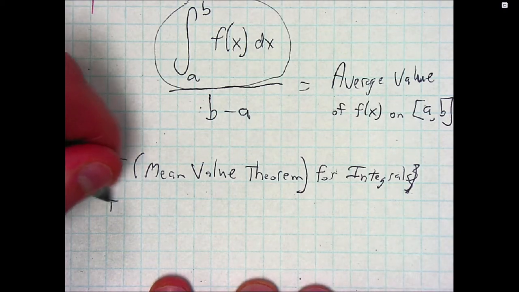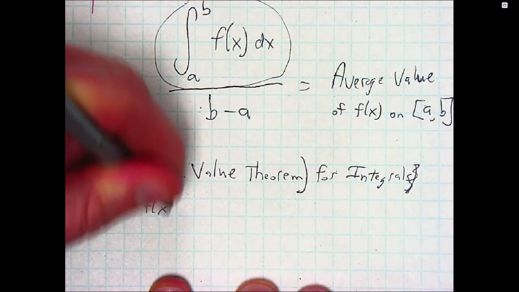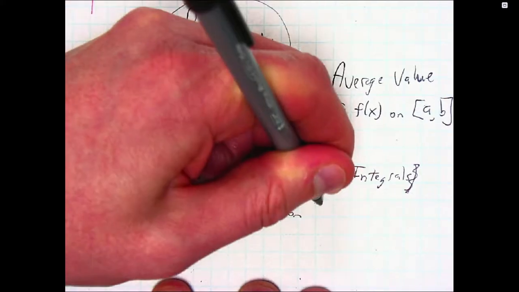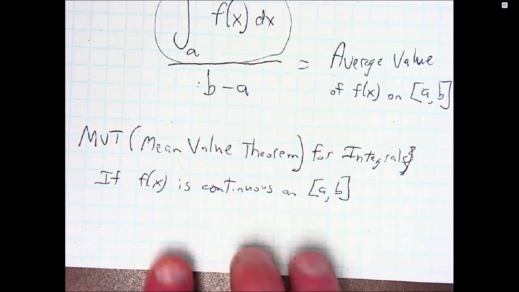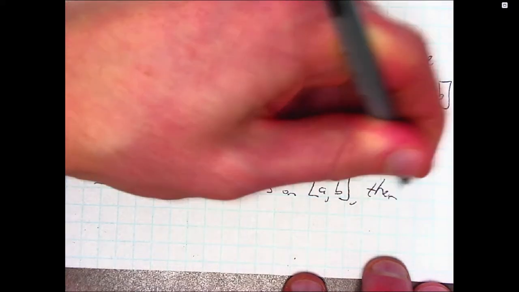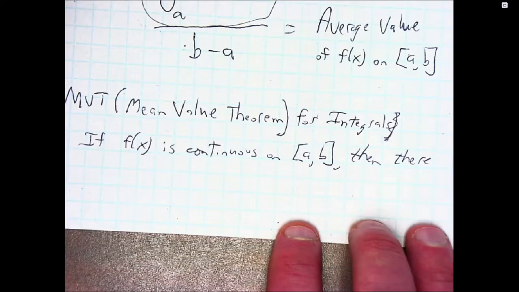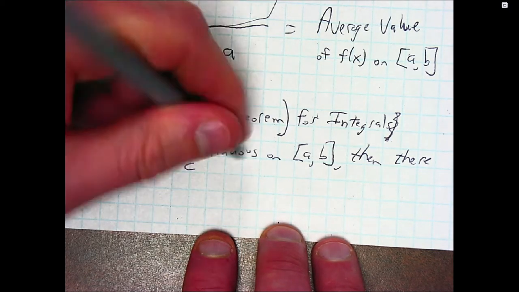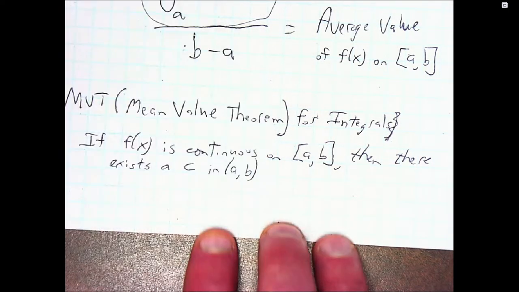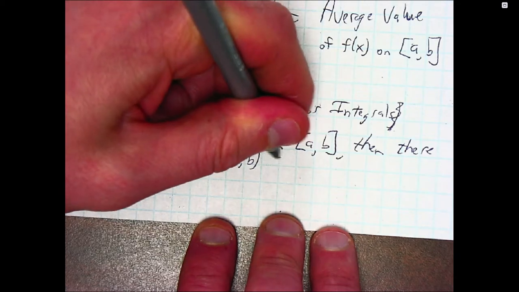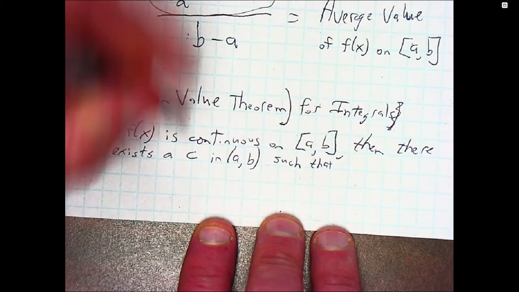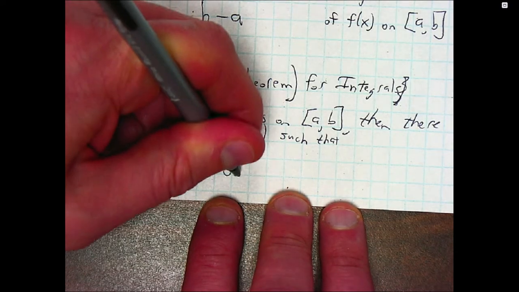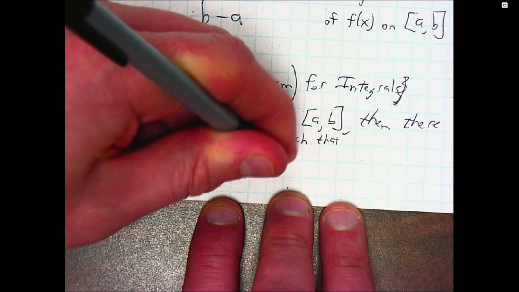So if f of x is continuous on a closed interval, then there exists a c in the open interval, so a c somewhere in the open interval, such that the value of the function at c equals that average value that we just talked about how to calculate.